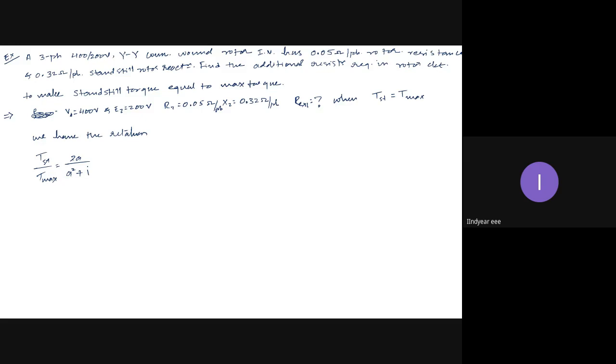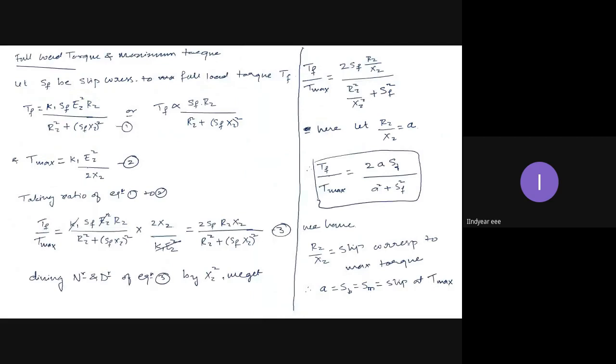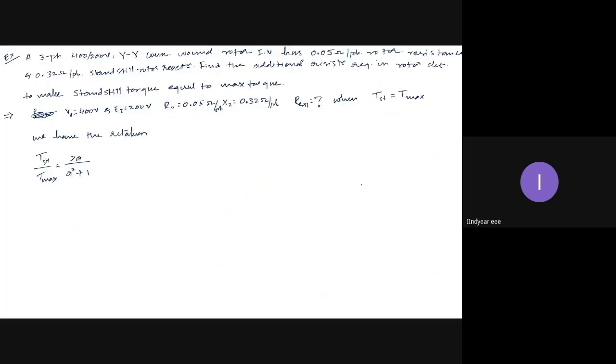You remember only one equation, you can write both the equations. Full load torque by maximum torque is 2as by a square plus s squared. Now if it is starting torque, put s equal to 1. It is 2a by a square plus 1. If you remember one equation, you can write both the equations because slip is 1 at starting.